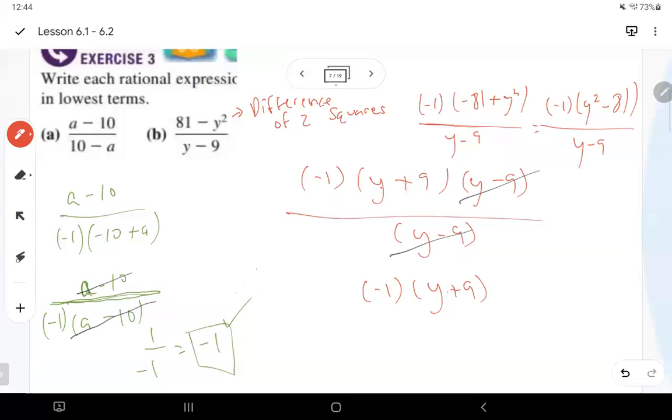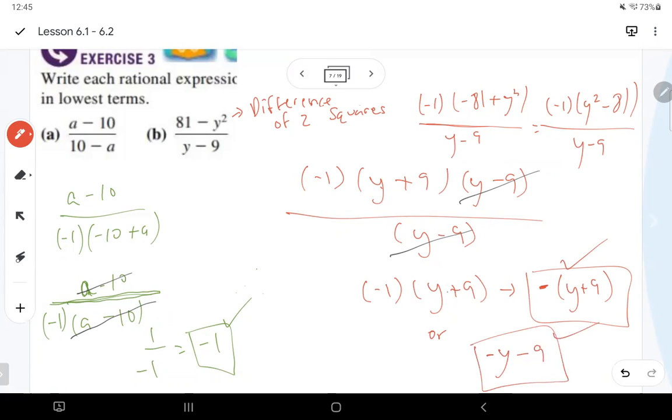So you could leave it written as -(y plus 9) inside, or you could distribute it and get -y minus 9. Either option is correct. Doesn't matter to me which one you end up using.